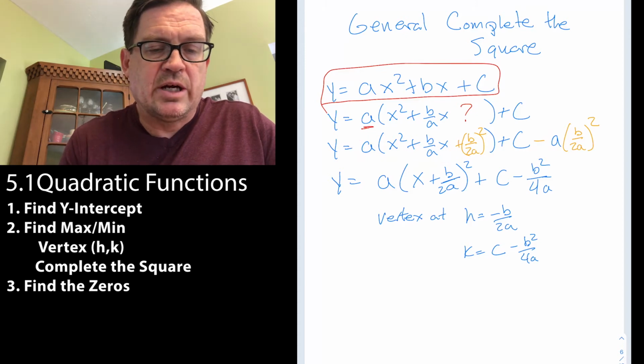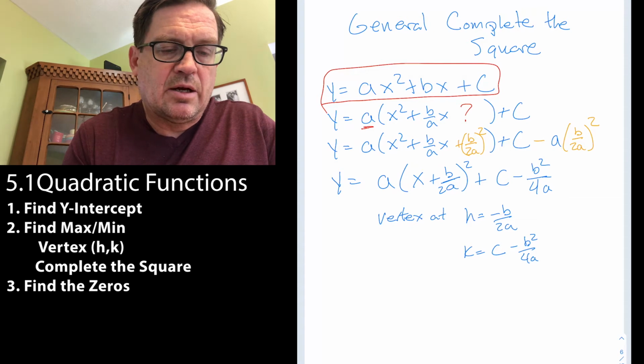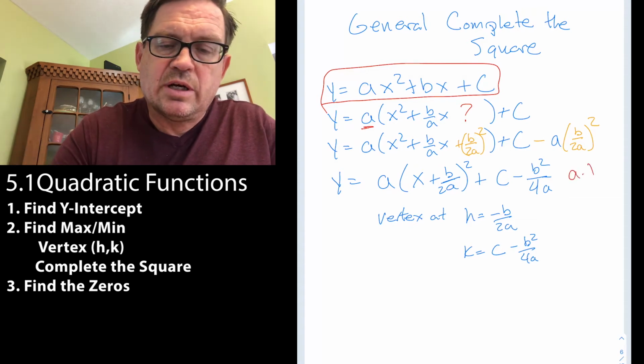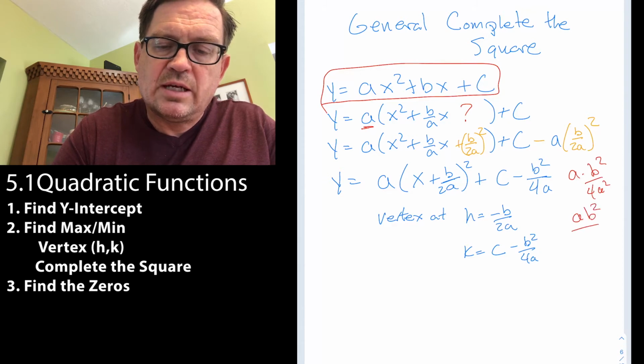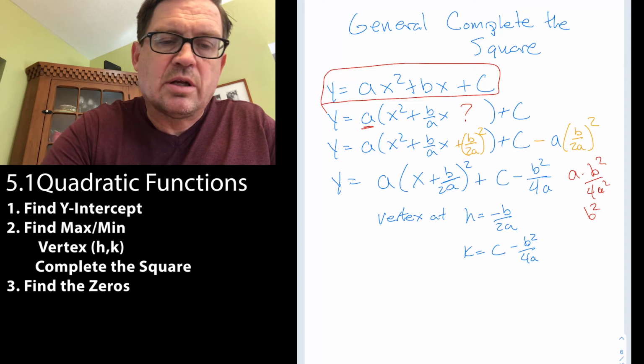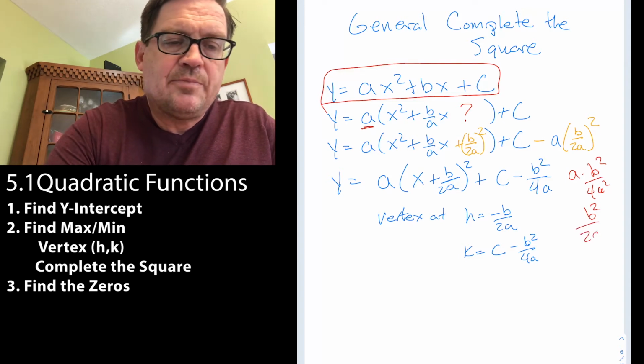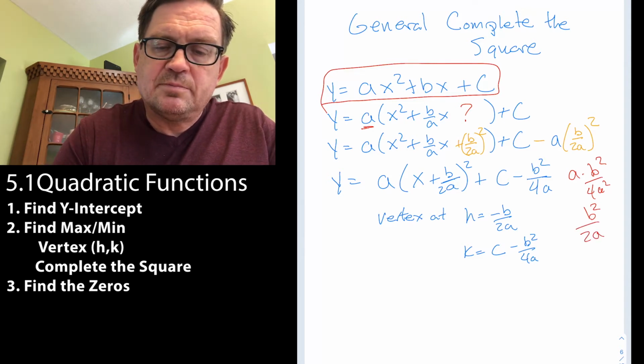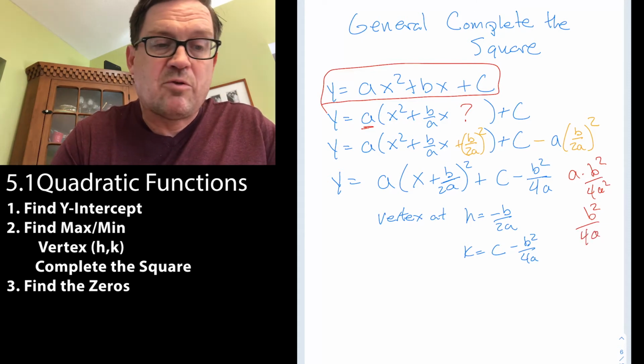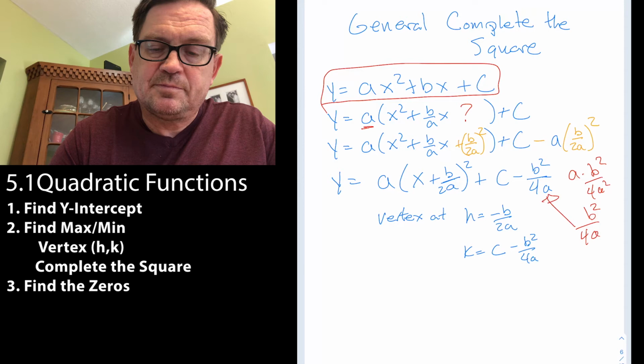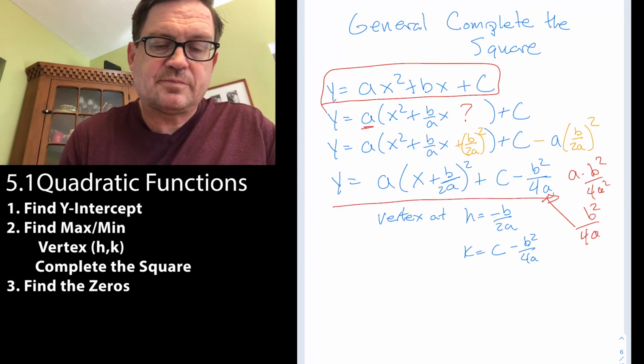And b over 2a squared, if you look at it, a times b over 2a squared is a times b squared over 4a squared, where the a cancels out, which is b squared over 4a, which is what we have here.